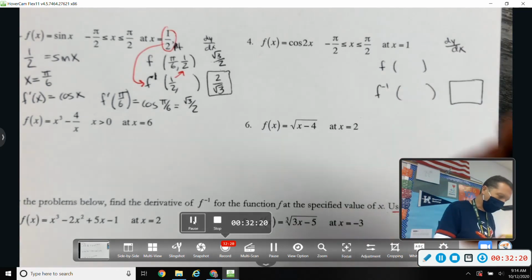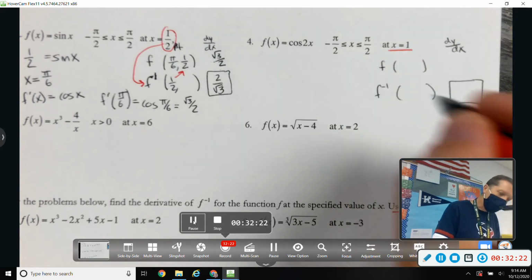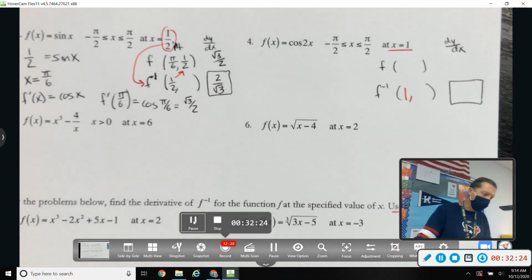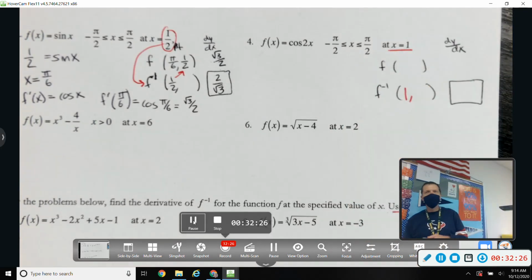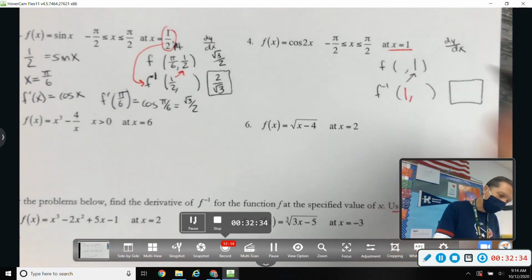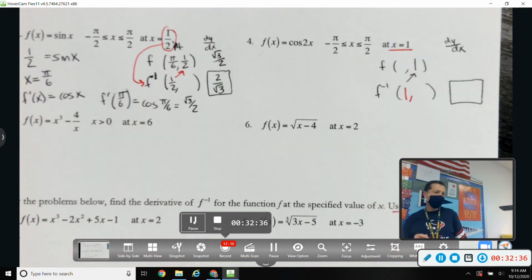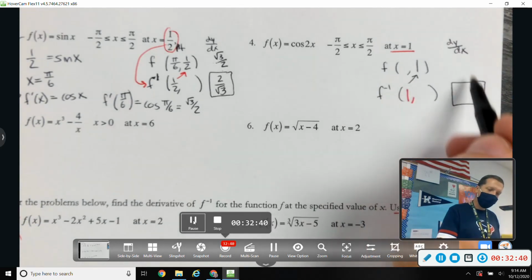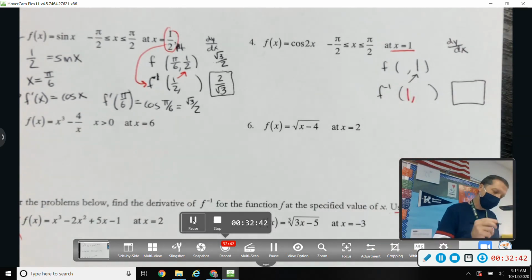So the first thing they give us is x equals 1, but that x equals 1 is for the inverse. Which means that our y value for the original is 1. We're kind of backing our way around to land at that box.